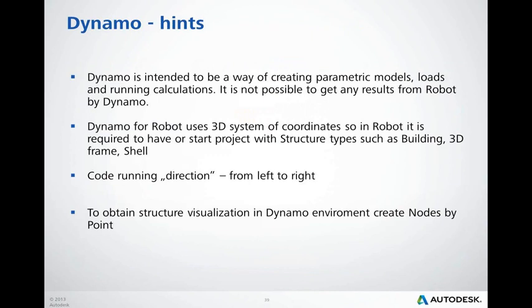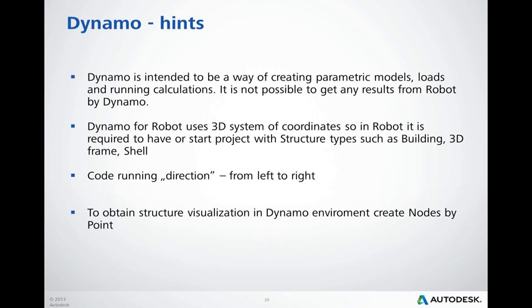Some hints. Dynamo is intended to be a way of creating parametric models, loads, and running calculations. It's not possible to get any results from robot by Dynamo. Dynamo for robot uses 3D system of coordinates, so in robot it's required to start the project with the structure type such as building, 3D frame, or shell.